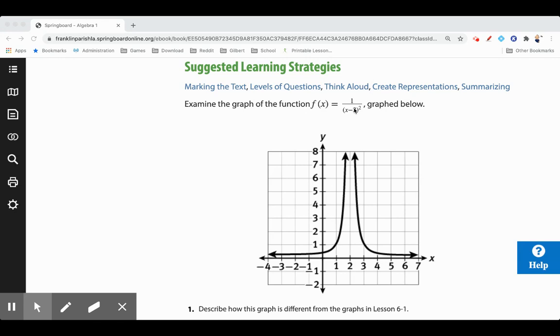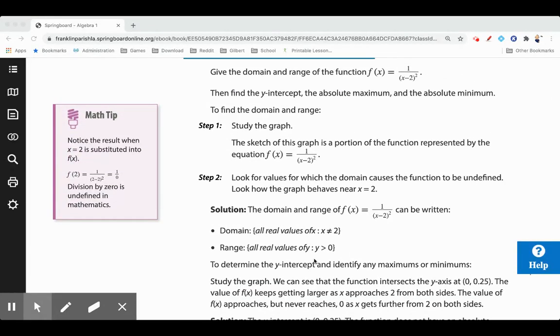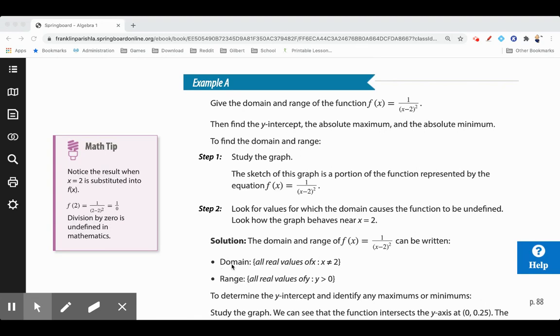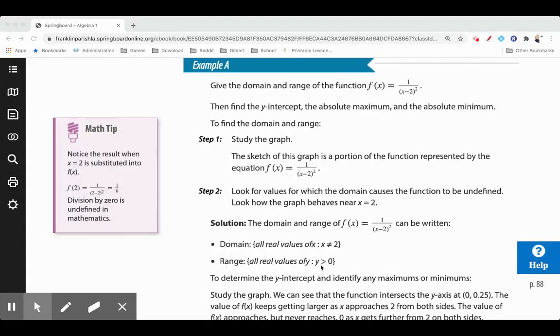The denominator would continue to get larger and larger, which means that 1 divided by that would be closer and closer to 0, but it would never actually get to 0 either. So we're going to write our range as everything greater than 0, since we can't have the negatives, and it's never getting to 0 because the fraction 1 divided by bigger and bigger numbers is just getting closer to 0 without ever actually getting there. There is nothing that you can say 1 divided by something is 0, because we can't divide by 0. So all real values of y is greater than 0.